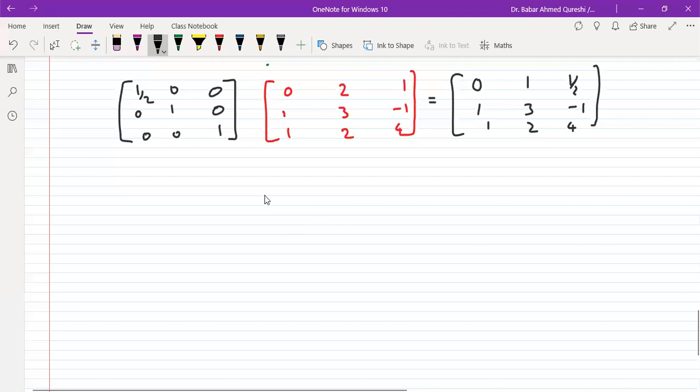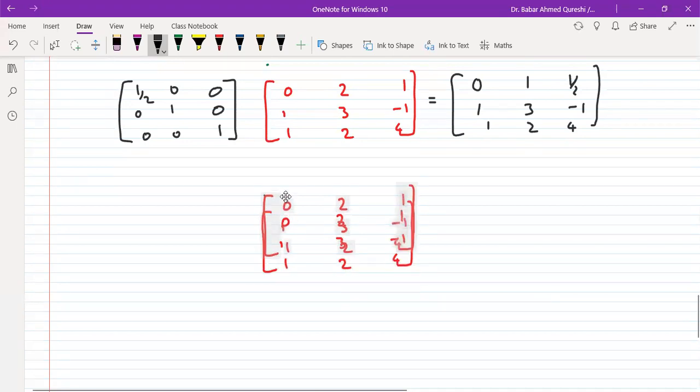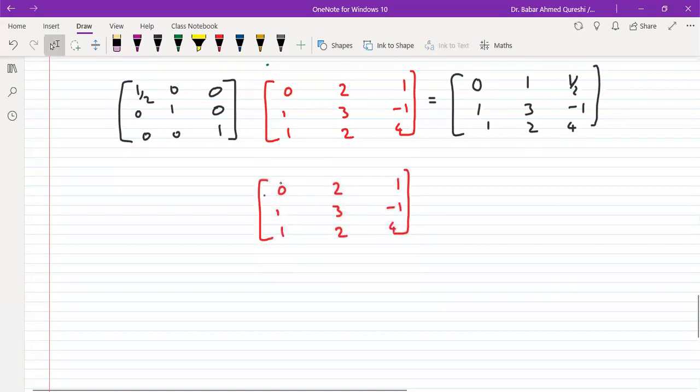Similarly, suppose I want to multiply the third row by a number.